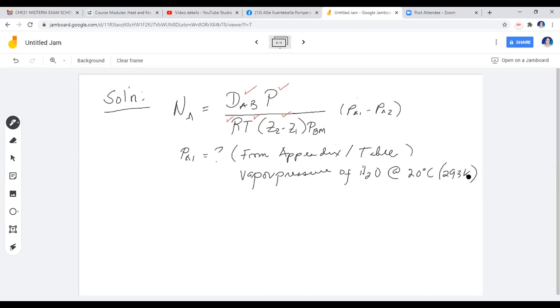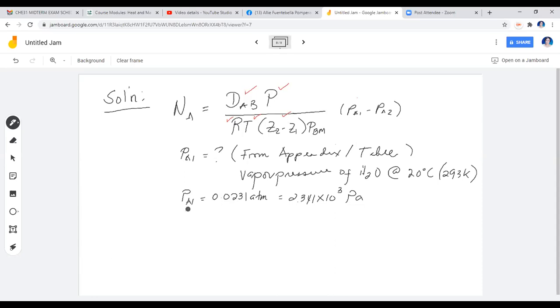So if you have your data from a table, this is actually equal to, and I'd like to give this to you, you can read this from Geankoplis if you have it. If not, if you have your handbook, better, because you can use your handbook in determining this particular information. In atm, you will have 0.023. In Pascal, this is equal to 2.341 times 10 raised to 3 Pascal.